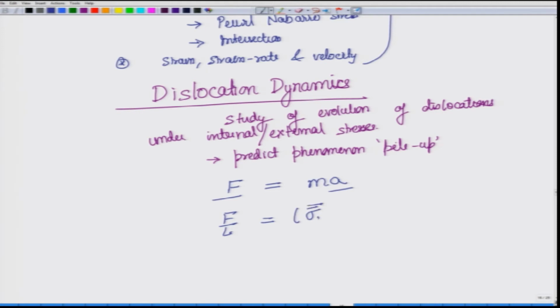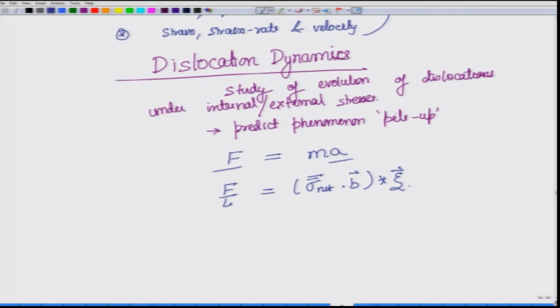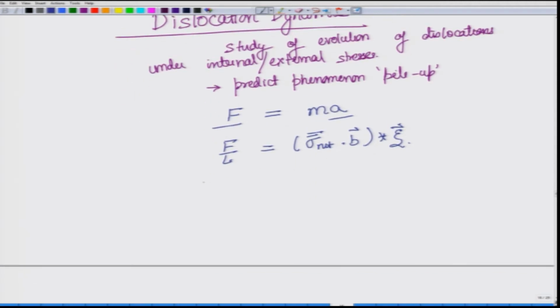Where we had written it like this, now I will put sigma as sigma net, meaning the overall stress that is acting onto a particular dislocation, dot b cross xi, or u, whatever you want to write. So the force part is already known to us. Now, a can be written as d2x by dt squared. So we can say F is equal to m d2x by dt squared.